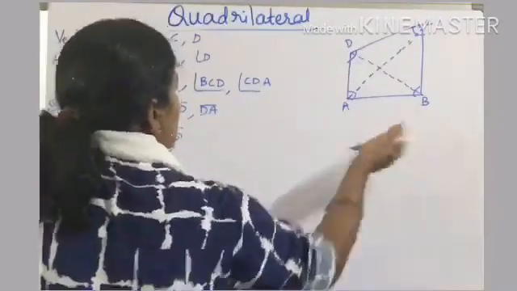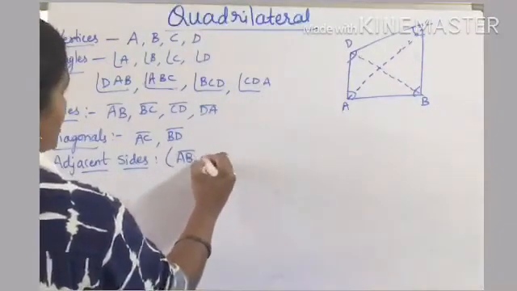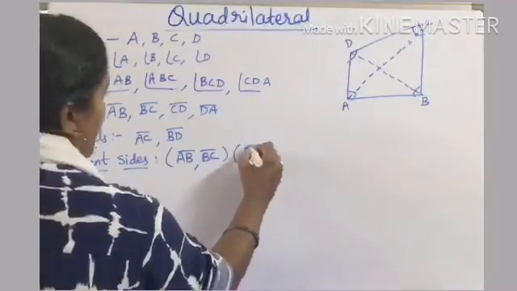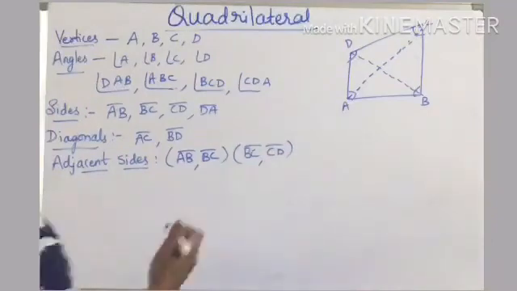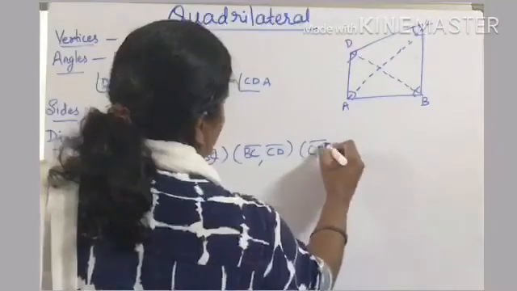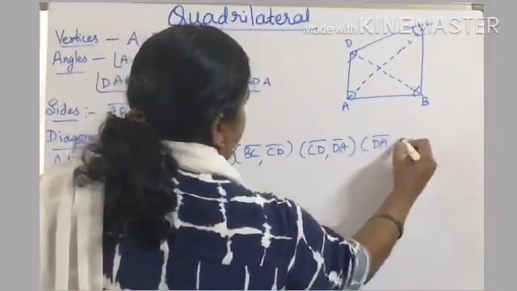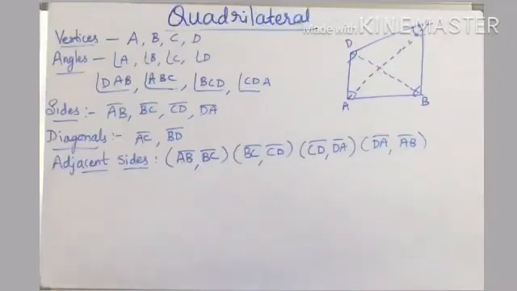DA is adjacent to AB. So you will get four pairs. I am writing one pair in a bracket, children. So in total you are going to get four pairs of adjacent sides.